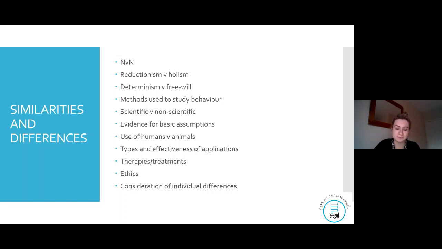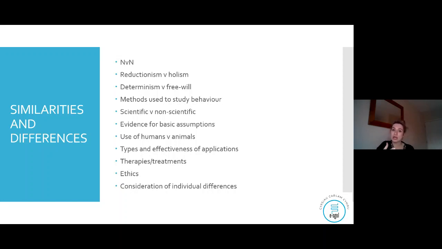of an argument here. So we've got NVN, which is nature versus nurture. Most of the time, your approaches will fall one side or the other. Are they nature? Do they believe in biology, in genes, in genetics, in your behaviour driven from your brain or chemicals, neurotransmitters?